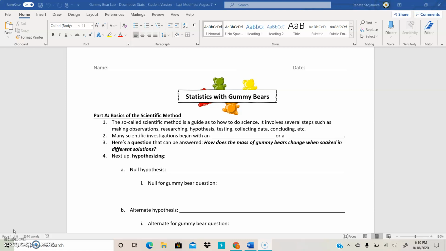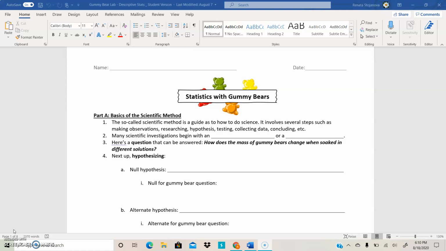Okay, so in class I mentioned how calling scientific method a scientific method is really misleading because it makes it sound like it's a bunch of steps that you have got to follow in that given order, and that's really not the case when it comes to science. So I'm proposing that we call it scientific investigation, and that makes it sound like a more fluid and more sort of changeable process, and that is the case.